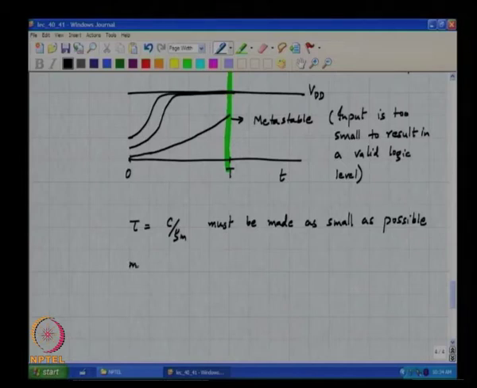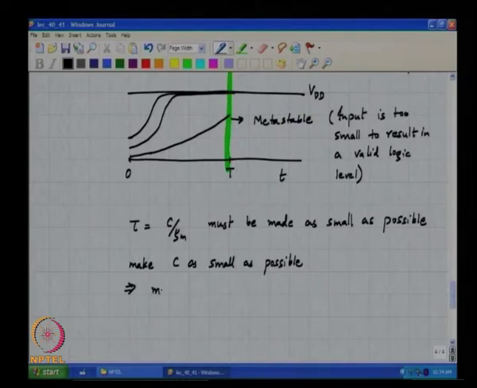So, we make C as small as possible, which means that you do not put any explicit C at all; you are depending on the parasitic capacitance of the MOSFET.